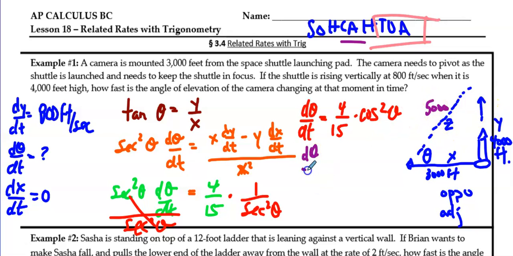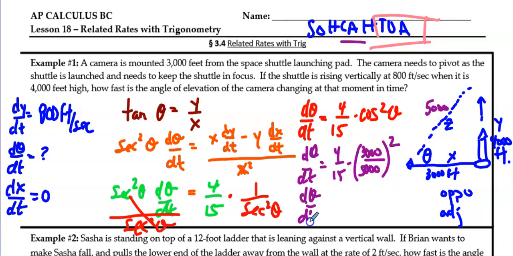So I know that my change in theta with respect to time is going to be 4/15 times 3,000 over 5,000, which is simply 3/5. But I'm going to write the 3,000 over 5,000 right here so we can see it squared.